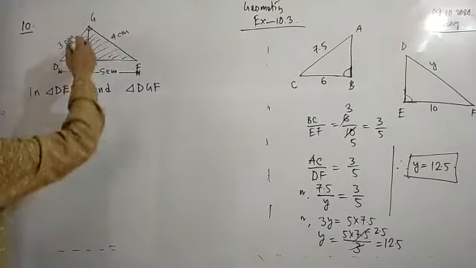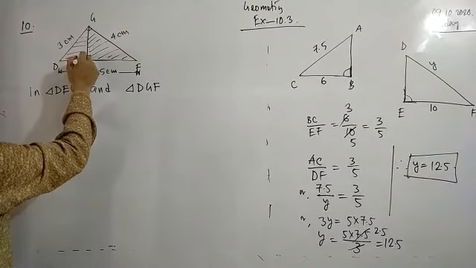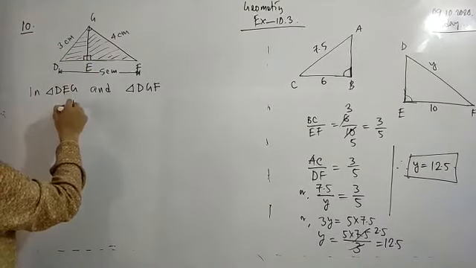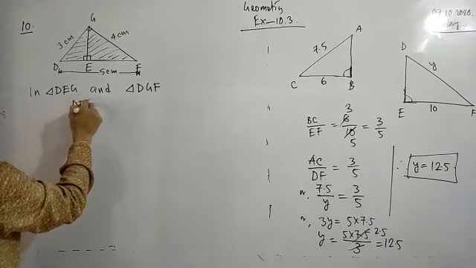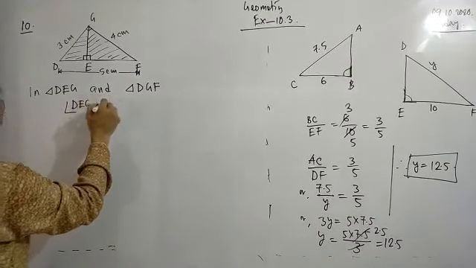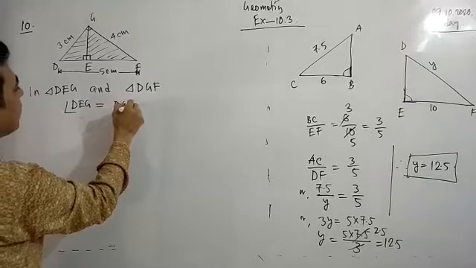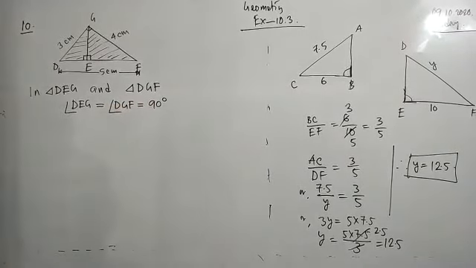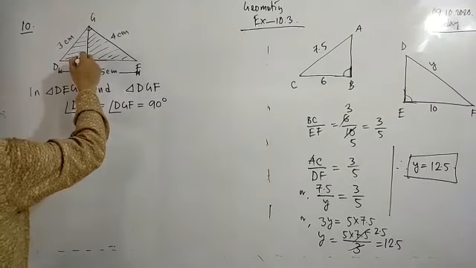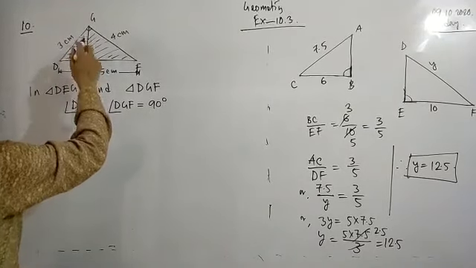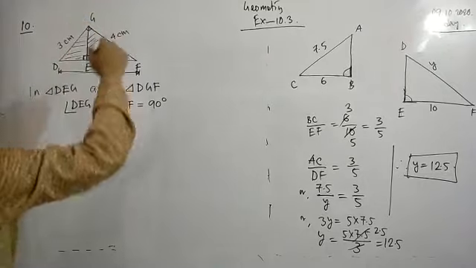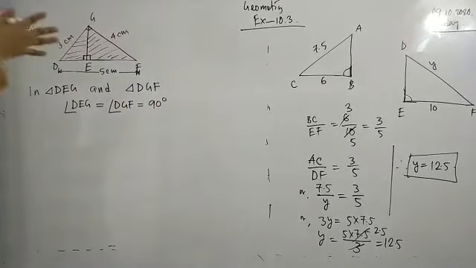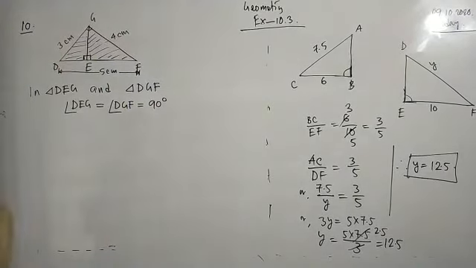This small one has this angle 90-degree. So we can write angle DEG is equal to angle DGF is equal to 90-degree, because the 90-degree indications are already given there. These are the 90-degree notations.